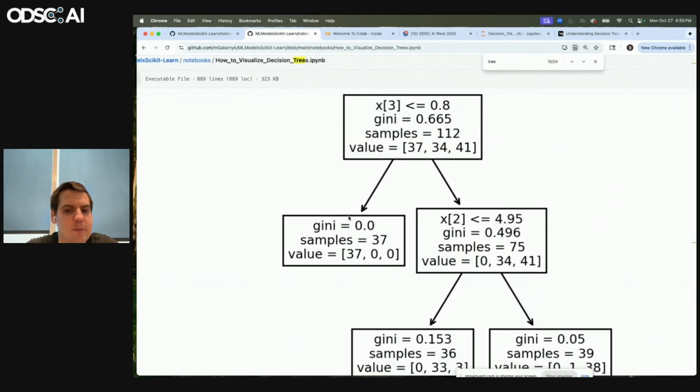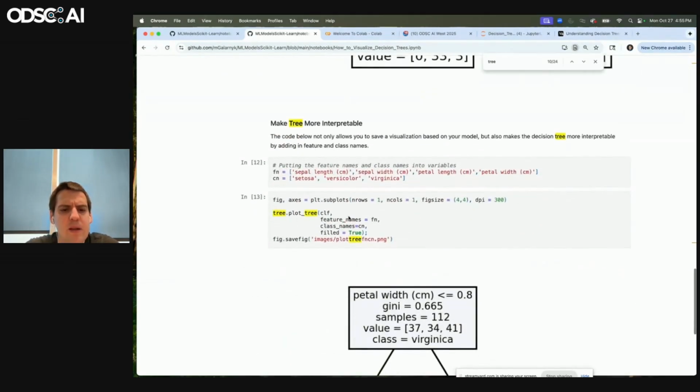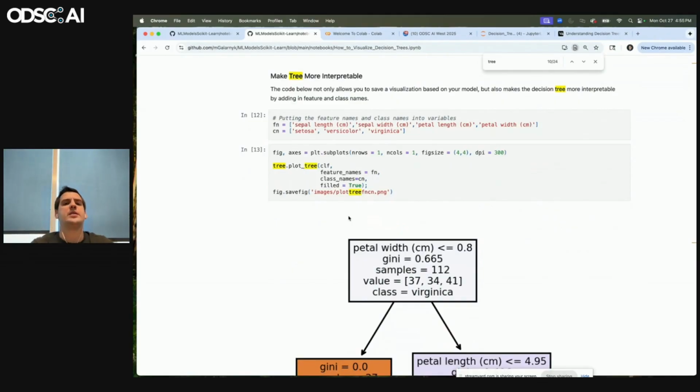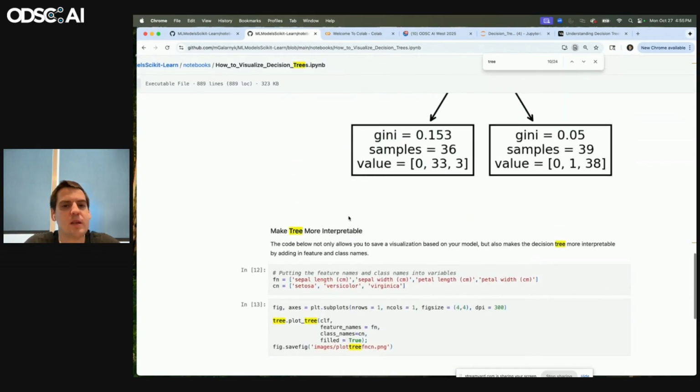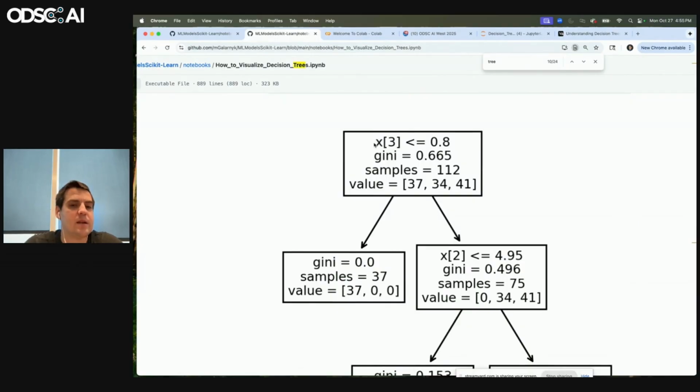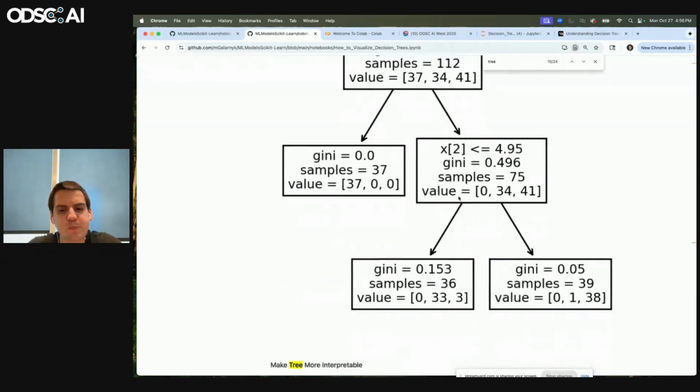But it's often nice to spend some time making a model more interpretable by putting in the features that these x's represent. Again, x's are features, and y is our target, the classes.